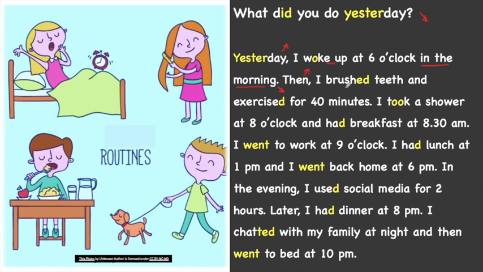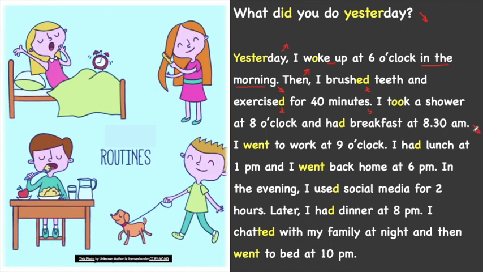Then I brushed teeth. So together I brushed, yeah, remember, brushed teeth. And exercised, yeah, for 40 minutes. Okay. I took a shower at 8 o'clock and had breakfast at 8:30 a.m.